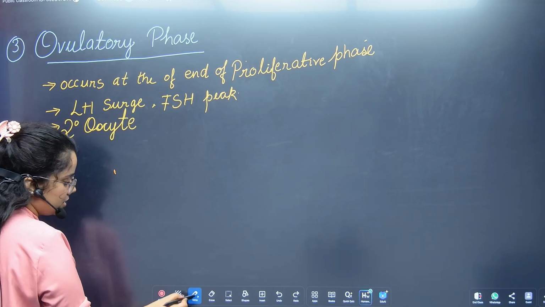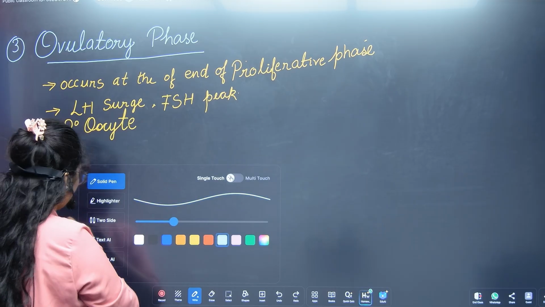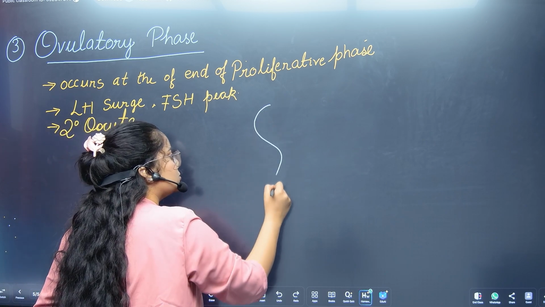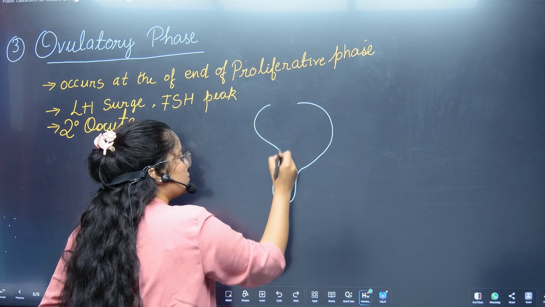Here what happens is that in the body there are the hypothalamus and pituitary gland.